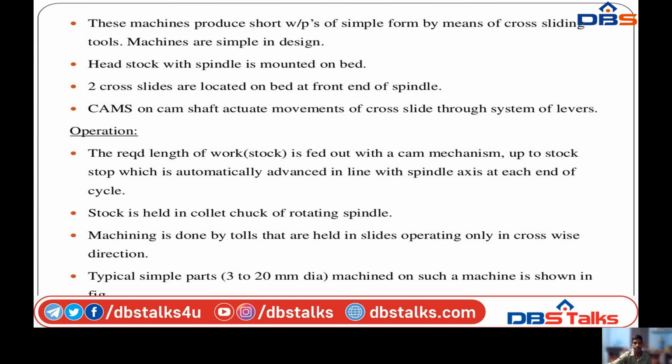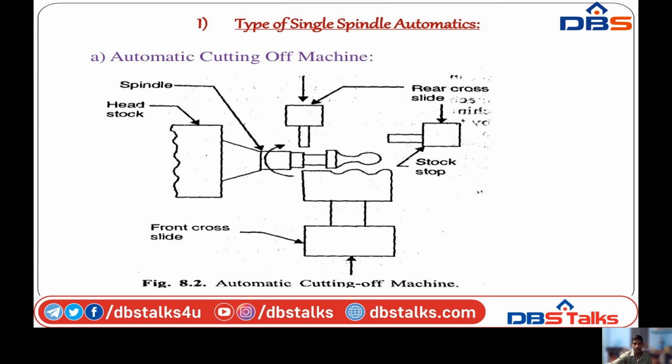In the last slide, I discussed this figure, and I will clarify any doubt about that. The work part, or stock, is held in the collet chuck. That means between the two cross slides, we fix the work part in the collet chuck.